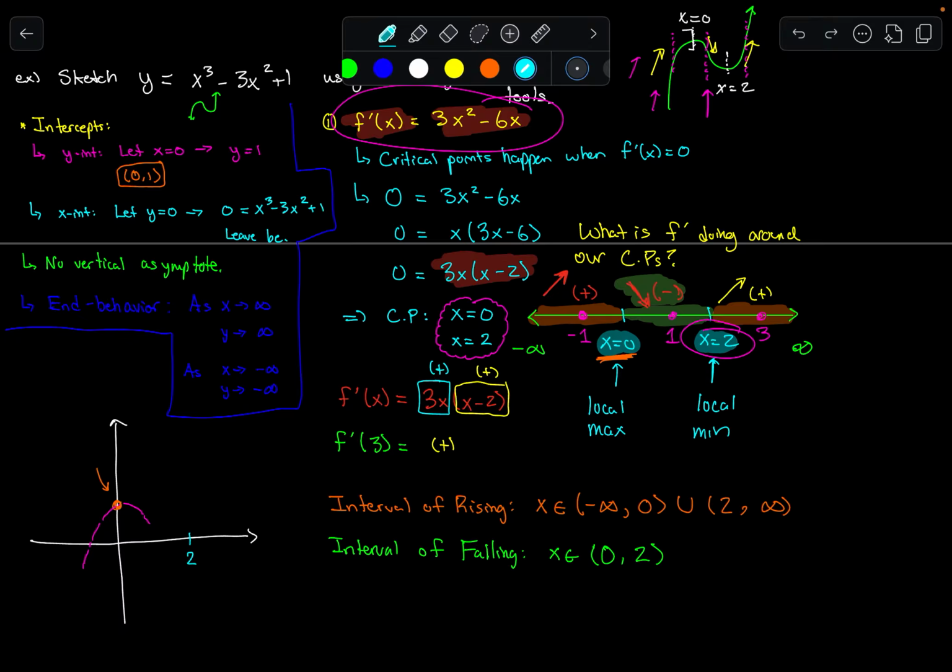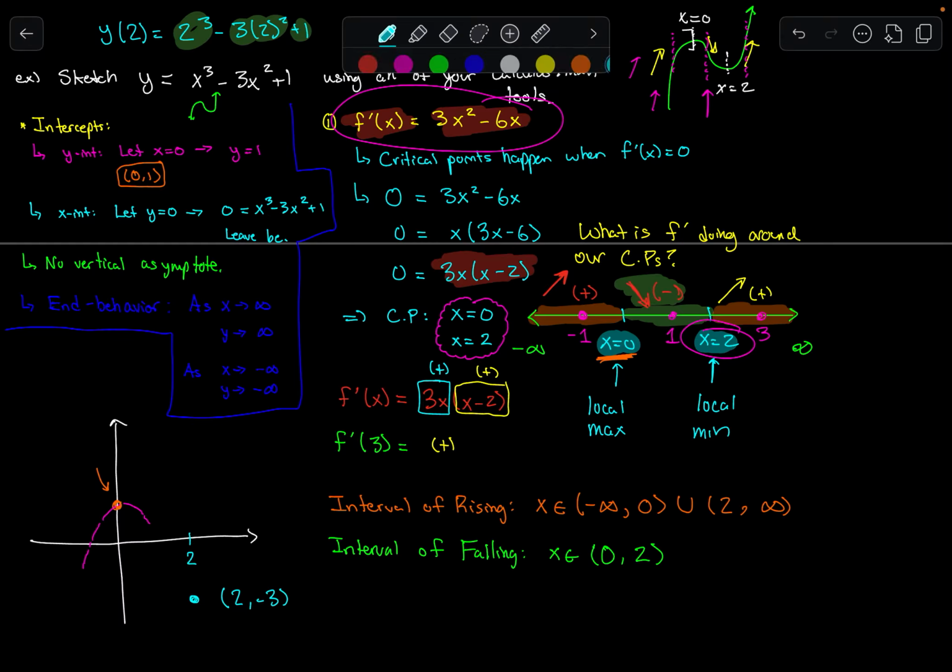My function evaluated at 2 is 2 cubed minus 3 times 2 squared plus 1. 2 cubed is 8. This is 4 times 3, which is 12. So I have 8 minus 12, which is negative 4, plus 1 is negative 3. So this point on my graph is going to be down here at 2 comma negative 3.